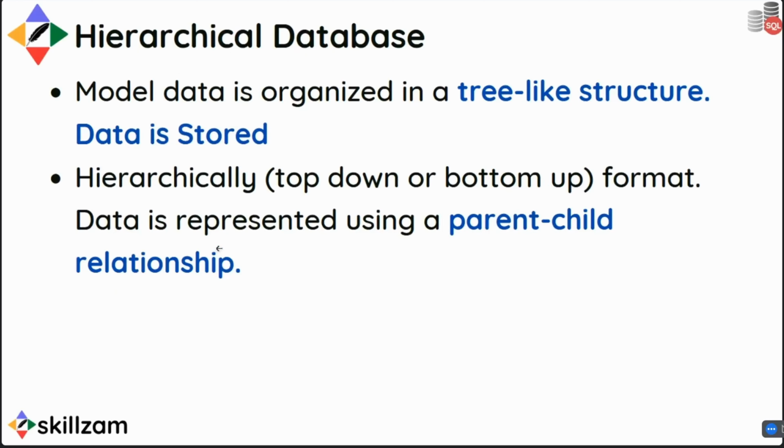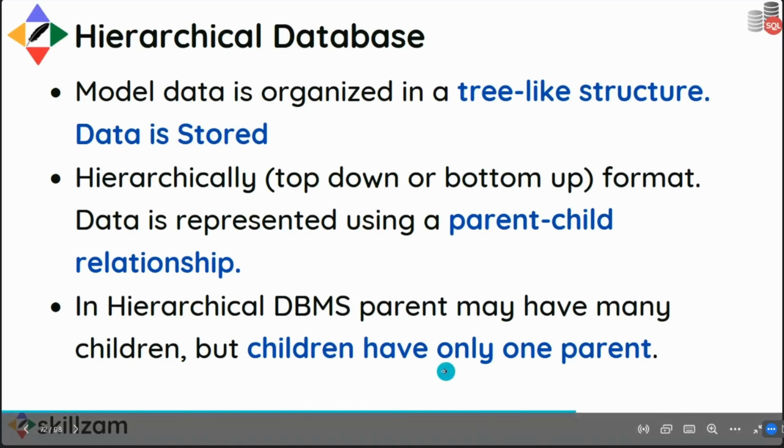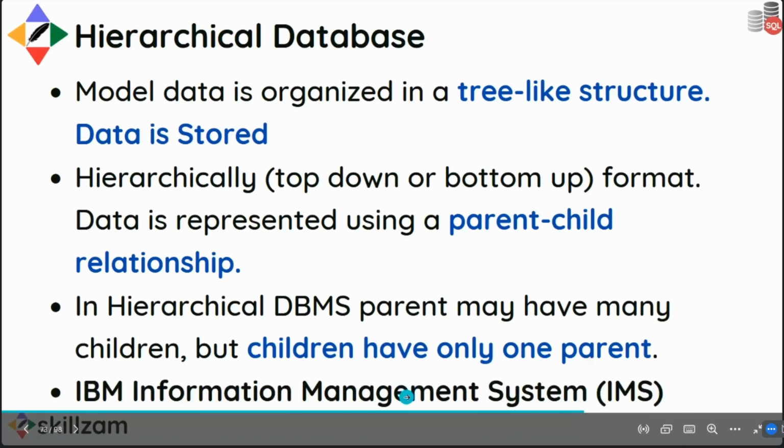But a key point here is it always has a parent-child relationship. A parent can have multiple children, but a child can only have a single parent. Okay, the child can have only one parent. That is the hierarchical database. The best example you can see is IBM Information Management System. This is the database system that is utilizing the hierarchical database.